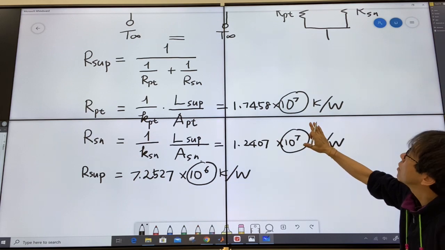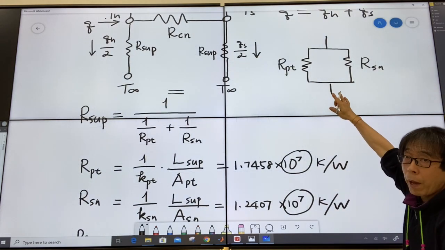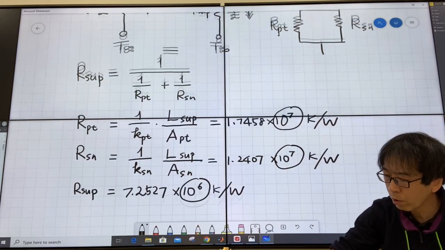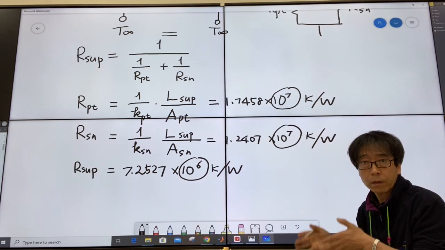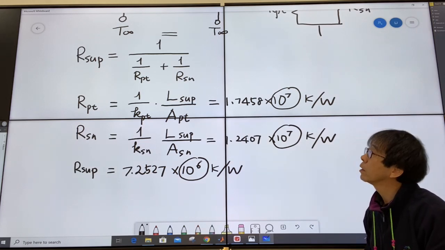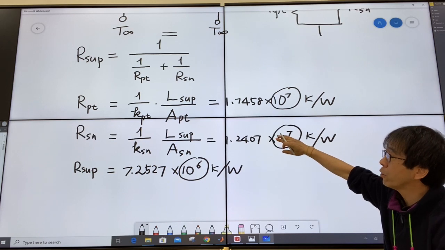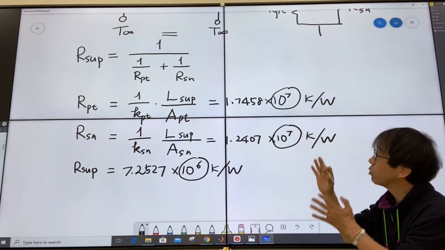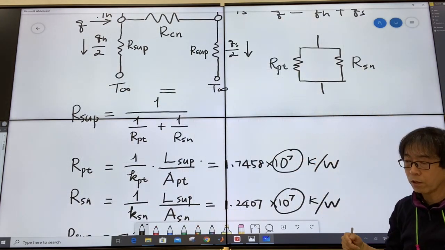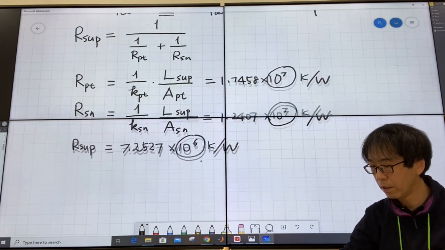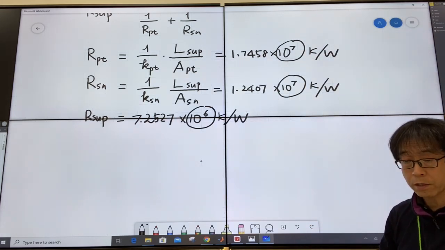And second, because they are connected in parallel, their total thermal resistance will be lower. Heat can be dissipated better, rather than being dissipated along the silicon nitride or platinum alone. The heat can actually conduct much better, right? So the order is one order lower here. Okay, that really makes sense.